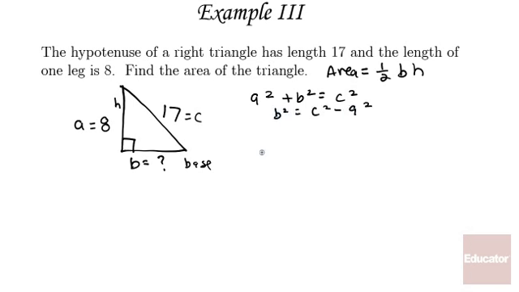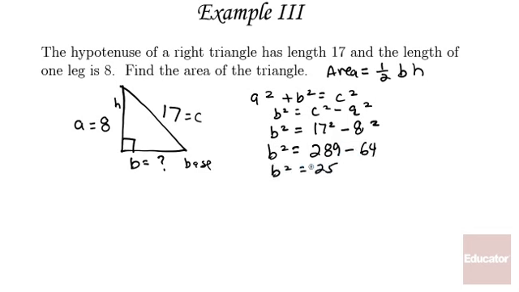B squared equals c squared, that's 17 squared, minus a squared, which is going to be 8 squared. So that gives me 17 squared is 289 minus 64, so b squared is 225. Taking the square root of both sides, the square root of 225 is actually 15.